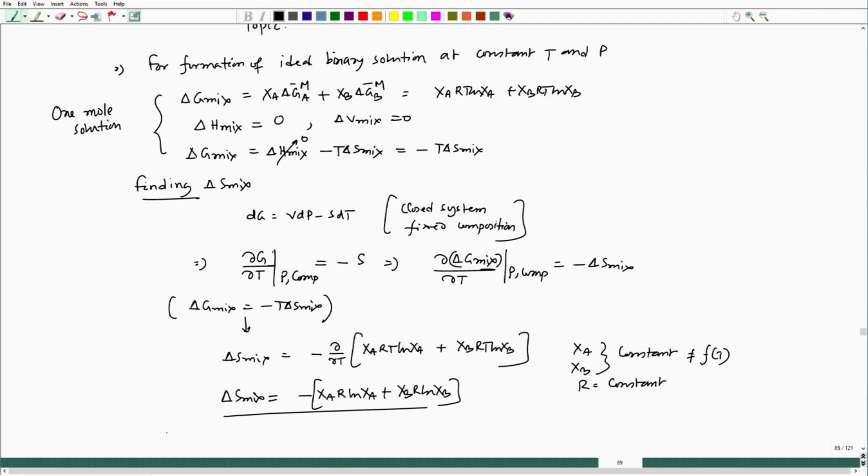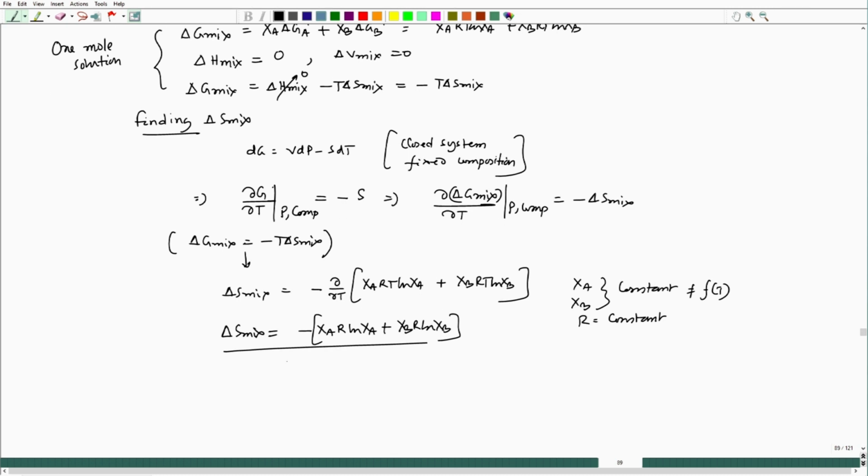Now, this is for 1 mole of course, because we are getting XA and XB. So this one can be written as XA del S A bar m plus XB del S B bar m. So this is also for 1 mole.